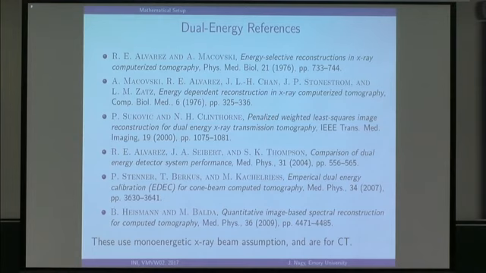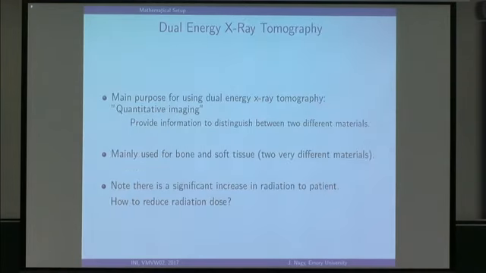Okay, so a variety of people have worked on this. As I said, this is to do quantitative imaging, to tell me what is the material in the object if I can. Especially if there's only two main tissue materials in the object. And of course, there's an increase in radiation to the patient. So how would you reduce the radiation dose?